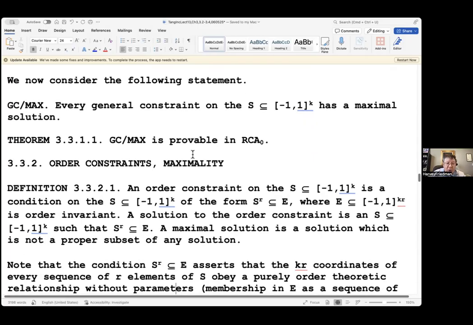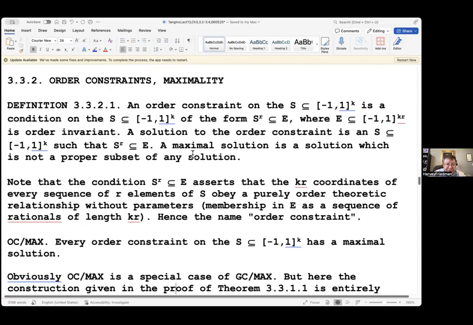All right, now the order constraints is what we really care about. So an order constraint is simply a general constraint where the constraining E is order invariant. So a solution to the order constraint is just an S such that S^r is contained in E, and a maximal solution is the solution which is not a proper subset of any solution.